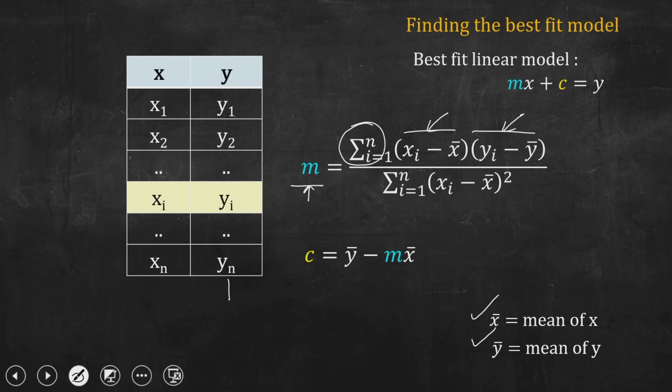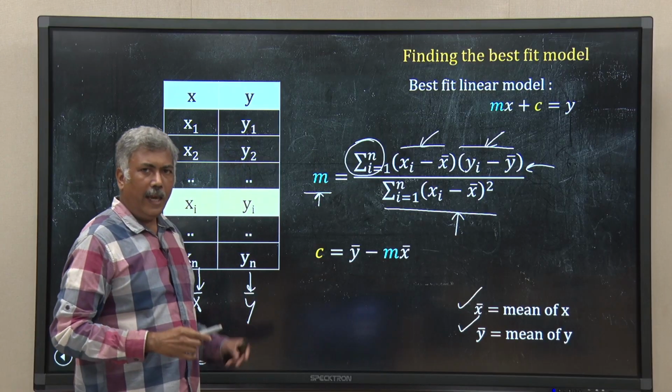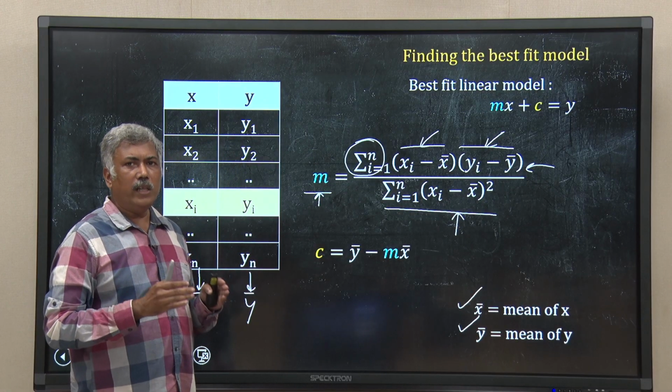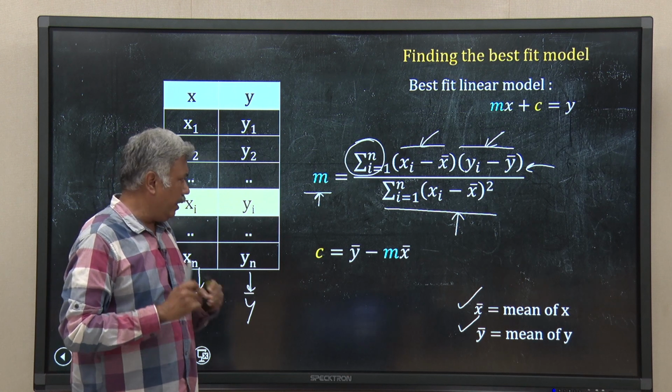So, for all the data in this first column you calculate the mean, x bar, and then divide this numerator by a denominator term, which is (xi minus x bar) whole square, summed for all the data points from 1 to n.